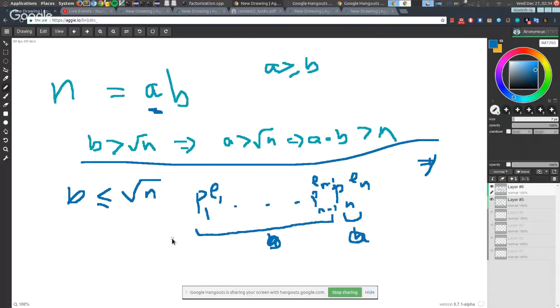Because here we could have this part be really big, and much bigger than this. But in that case, there is no number in this that is greater than the square root of this product. So the point here is, no matter how we reorder the factors, we can only have at most one factor that is greater than the square root.